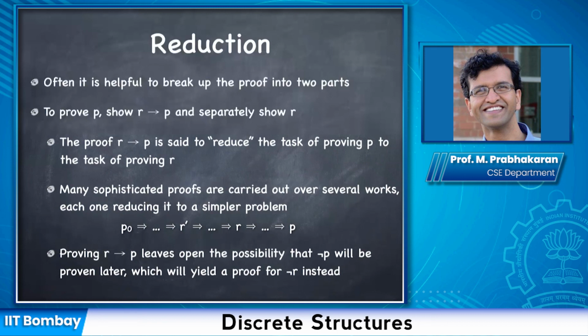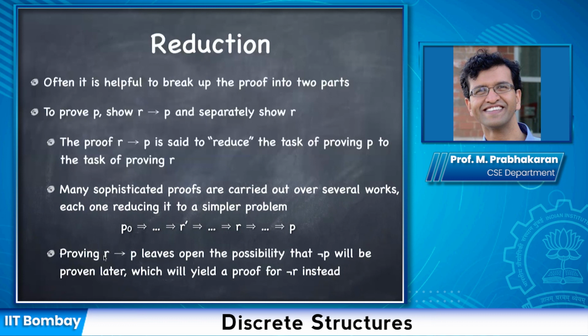They leave open the possibility that in future somebody might actually say P is not true, in which case this yields a proof for not R, because remember, R implies P is the same as not P implies not R, and if you prove R, you will get P, but from the other side, if you prove not P, you will get not R. So you could use this one proposition for either case, depending on how things turn out in future, right?